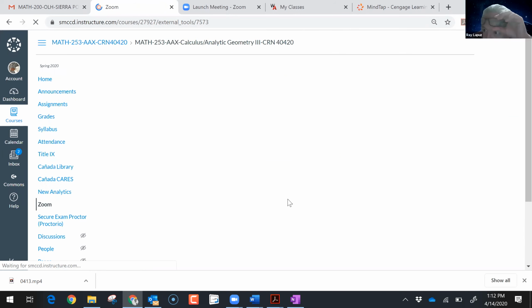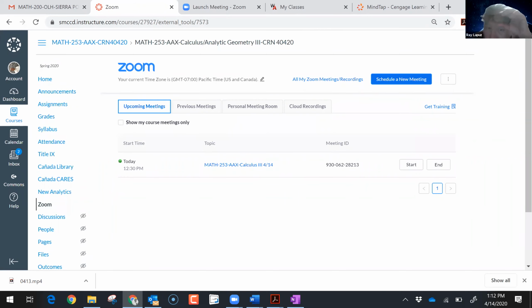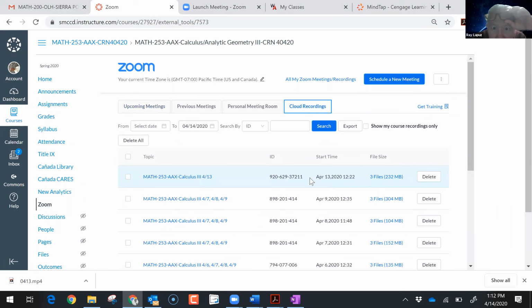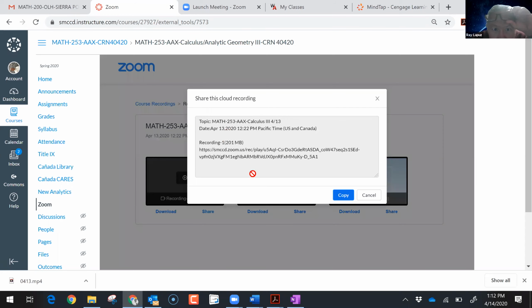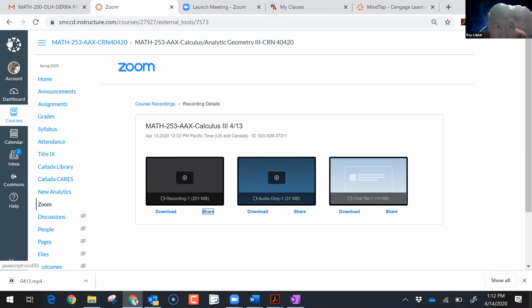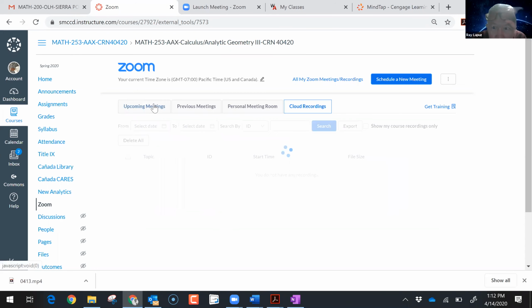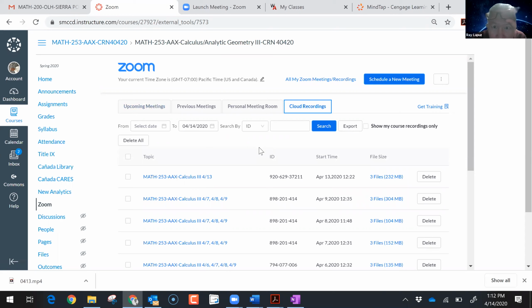583900. Cloud recording, ID number, chat file, and if I share this cloud recording. I can't see a way to cut the password out.